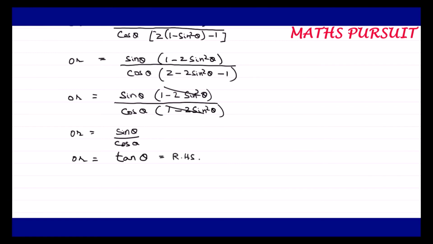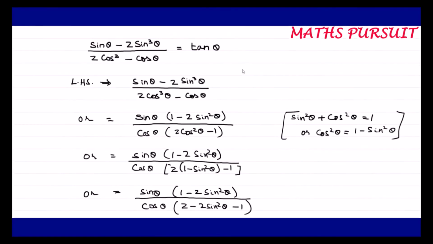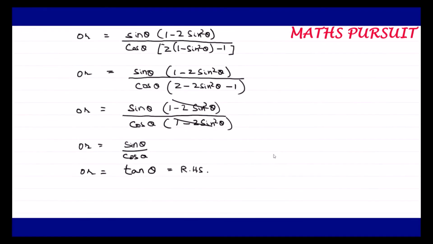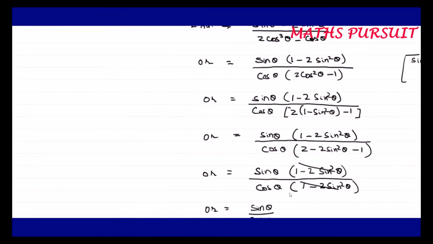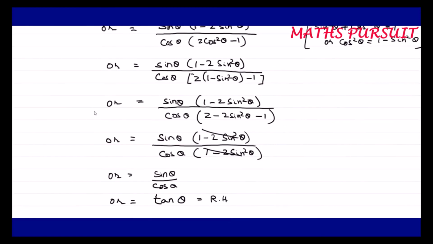Am I correct? Let us check once the given expression where we started. We started with the right hand side as tan theta. Now we reached a point where we got the right hand side as tan theta. So this is what we got, and this is our result.